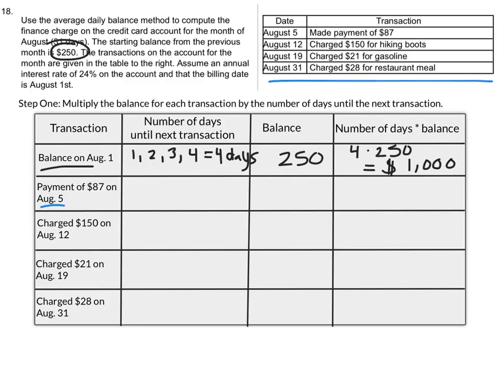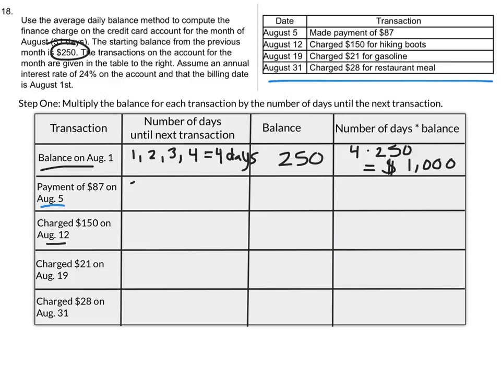Now I'm going to look at the next row. The next transaction is a payment of $87 on August 5th. The transaction after that is August 12th, so I need to calculate the number of days between August 5th and August 12th.